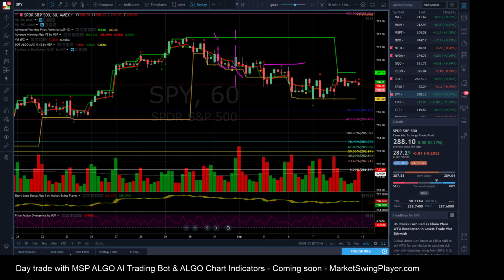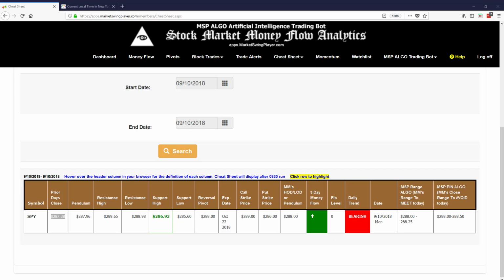If we look at the cheat sheet, let's bring that cheat sheet back up. We can see that 289 was resistance, and we know that price needs to close somewhere outside that range.